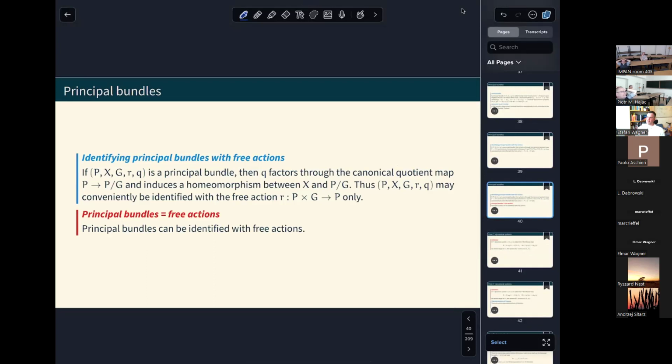If you want to generalize this to the non-commutative setting, this is a small exercise.